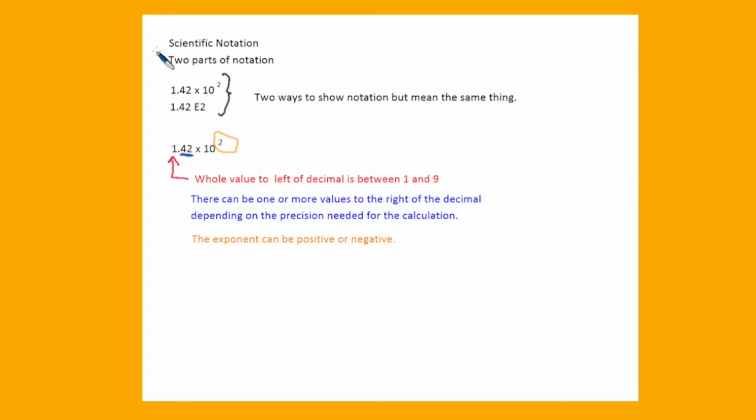There are 2 parts to scientific notation. If you look at this example right here, you have the numbers part, and then you have the 10 to the exponent part. And a second way that you can show this is to use the numbers part, and then this e takes the place of the 10, and there's the exponent.